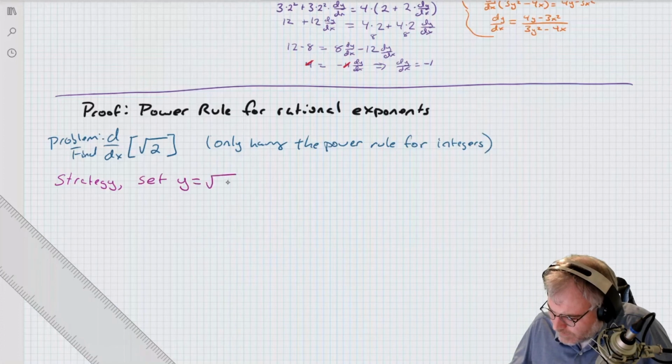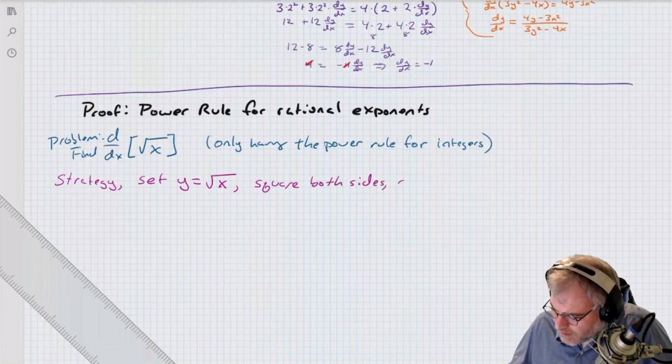So what I'm going to do is I'm going to set y up. My solution is I'm going to set y equal to the square root of x, square both sides, and then implicitly differentiate.